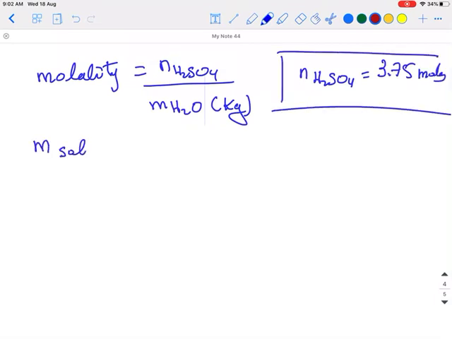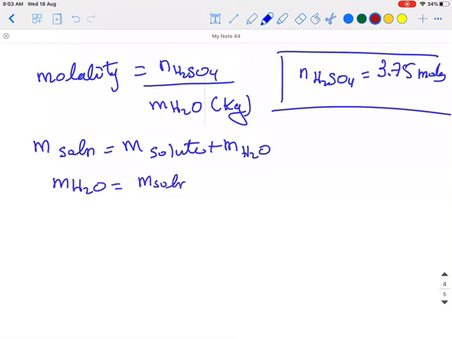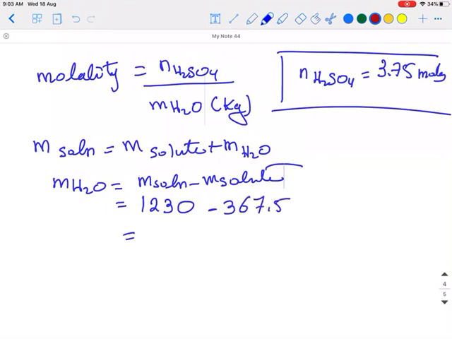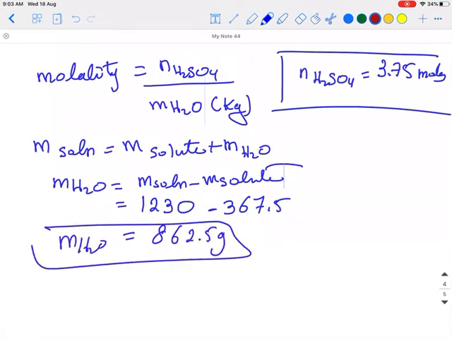We know that the total mass, the solution, equals the mass of solute plus the mass of water. So the mass of water is the mass of solution minus the mass of solute: 1230 minus 367.5, and the answer is 862.5 gram.